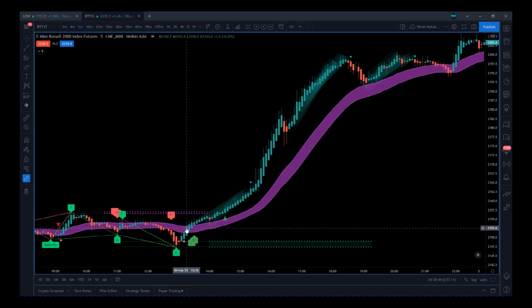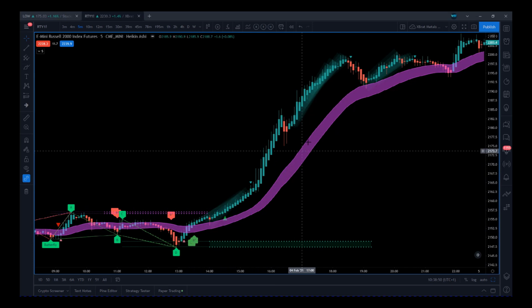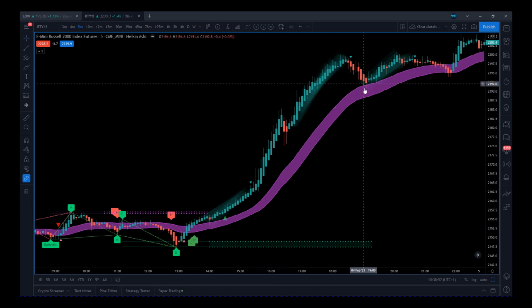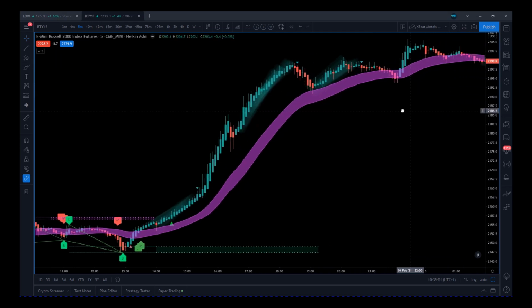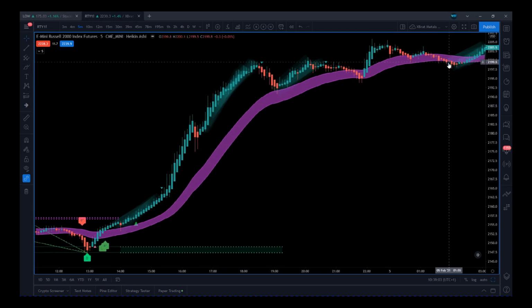And then you can see, we went from a 2155 entry, and we used the EMA Cloud to manage the trade. It came, it tested, it didn't break through, carry on. It came, it didn't break through, carry on. It just kept going and going until we actually got some closes below the cloud there.